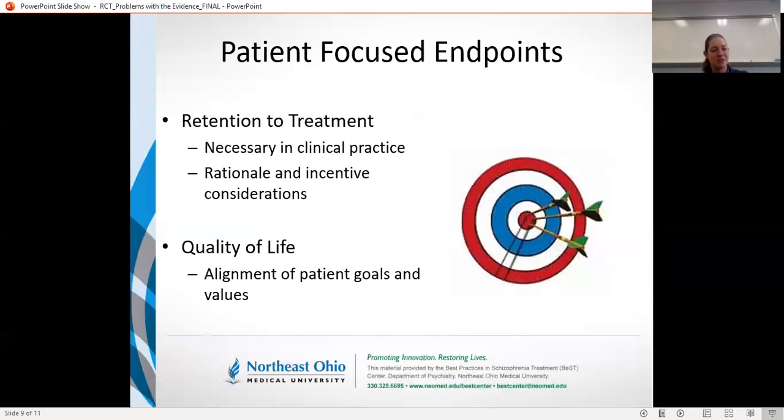So it's not always just a perfect match. One of the last items that does show up, although it tends to be a secondary outcome, is looking at quality of life. So this could be done by a standardized quality of life rating scale, but it really helps identify whether or not, you know what, did that small reduction in symptoms actually result in improved quality of life.